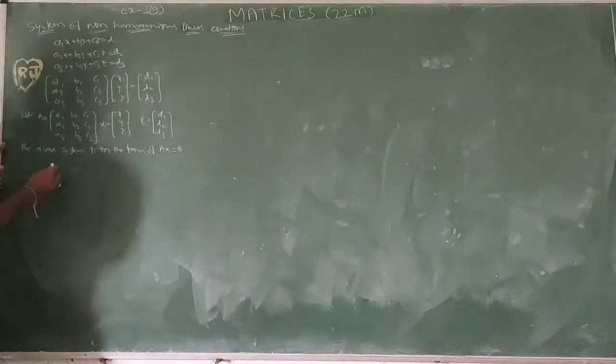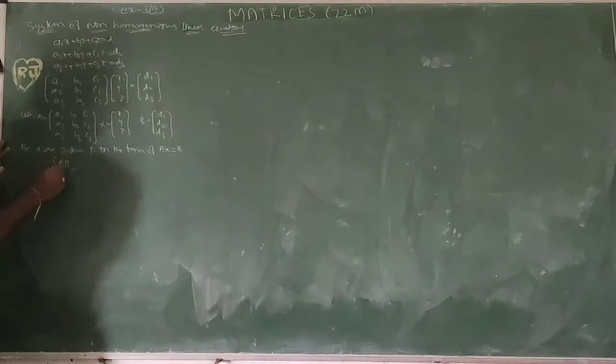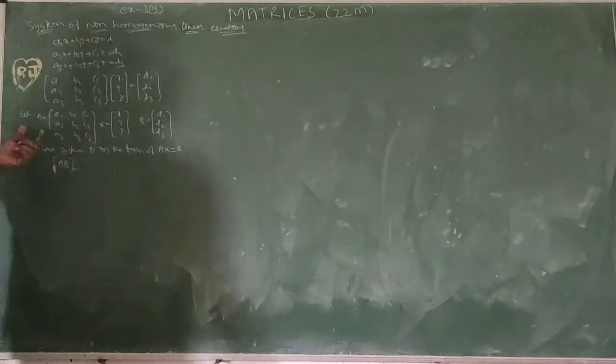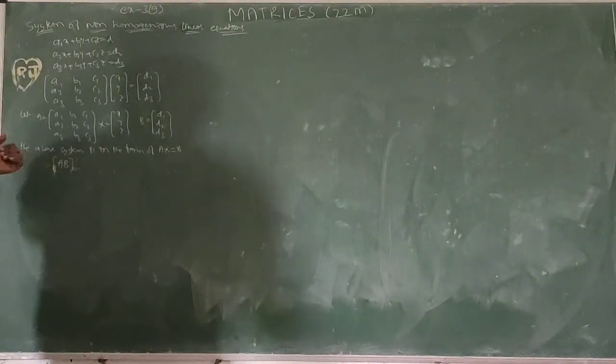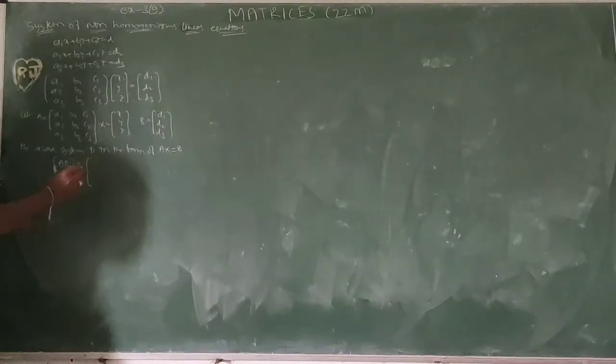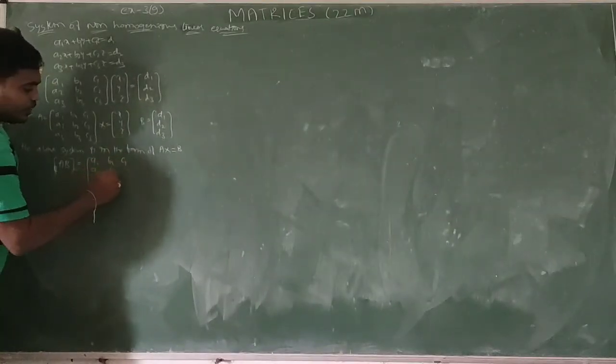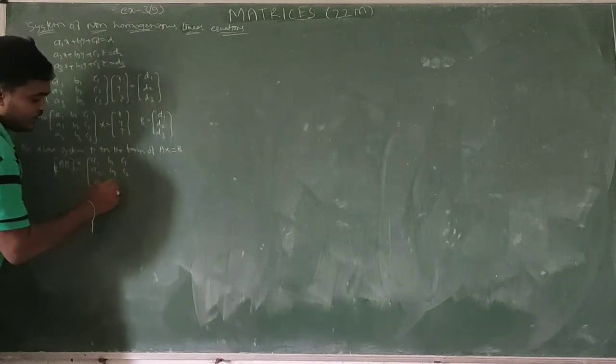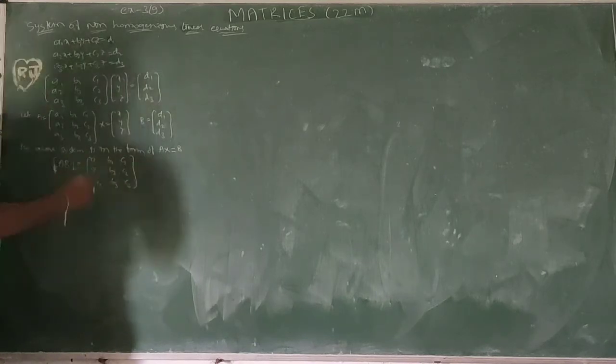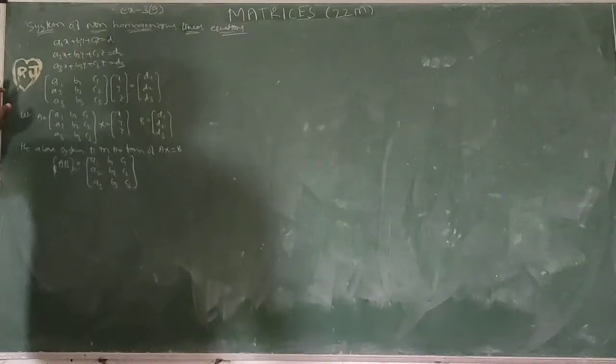Now I want to take A B. This A B is called the augmented matrix. First I write a1, b1, c1, a2, b2, c2, a3, b3, c3, and then the constants d1, d2, d3.